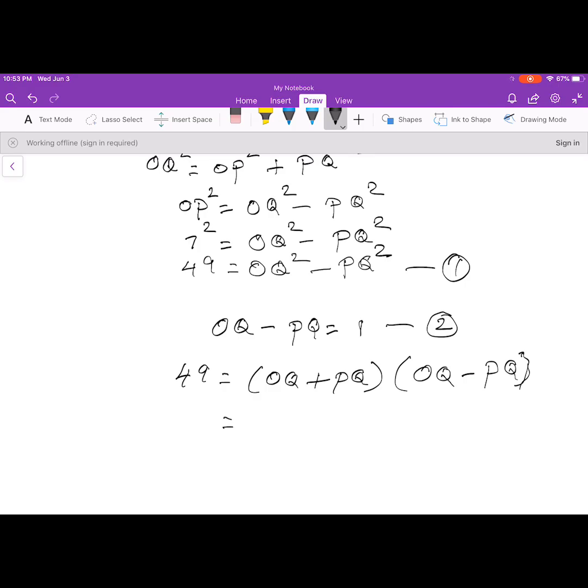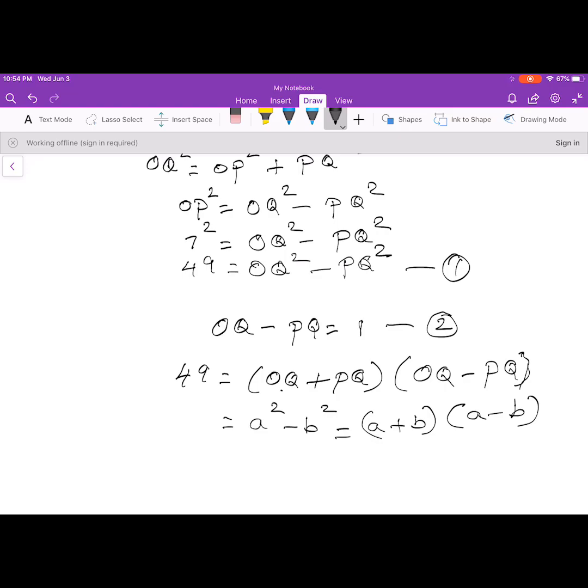I have a formula: A square minus B square is A plus B into A minus B. My A is OQ square and B is PQ square. So OQ square minus PQ square is nothing but OQ plus PQ into OQ minus PQ. This is what my expansion is.